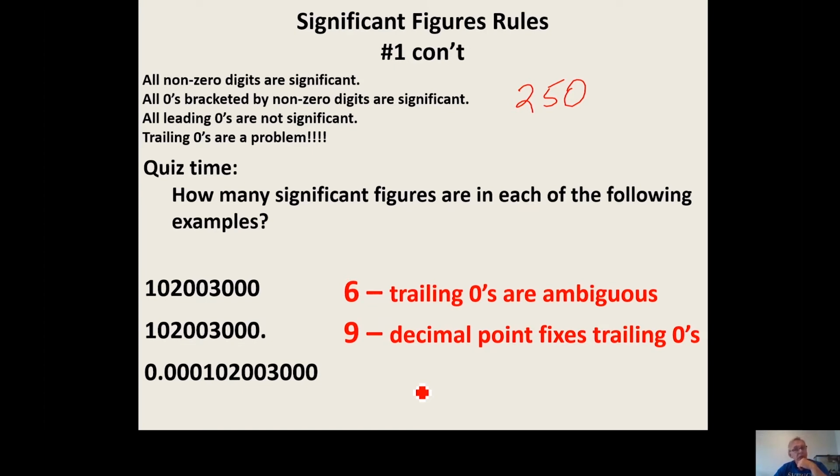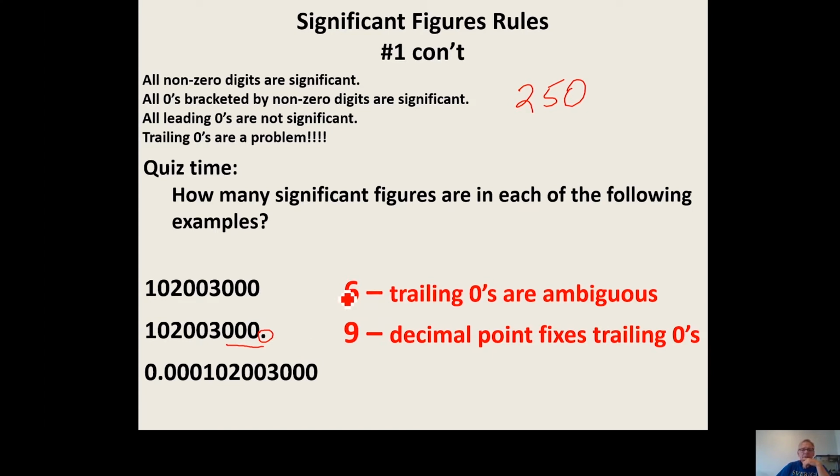Decimal points do not fix leading zeros, as you saw on the last slide. They fix trailing zeros. These 3 zeros here are significant because the decimal point has fixed it, okay?